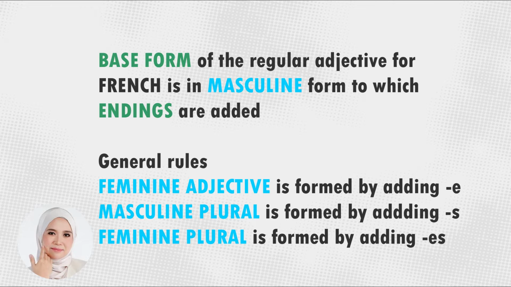So now it all depends on the ending of the words. But these are only general rules. They are applicable most of the time, but not all the time, because in French, there are always exceptions. Now, if you don't understand what I'm trying to explain here, let's look at the chart.